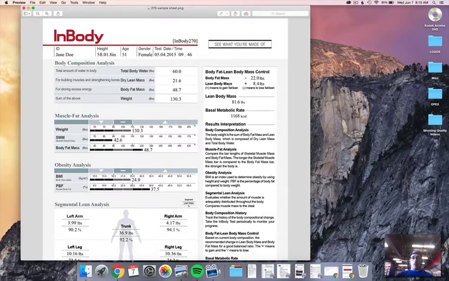Up here in the upper right corner of the sheet, you have your body fat, lean body mass control. So like I talked about with the muscle fat analysis here, this person needs to lose 22 pounds of fat, but more importantly, they need to gain 8.4 pounds of muscle.